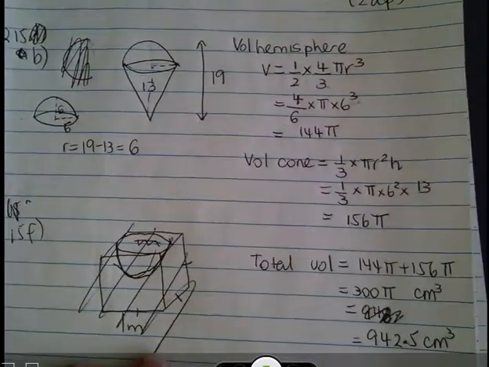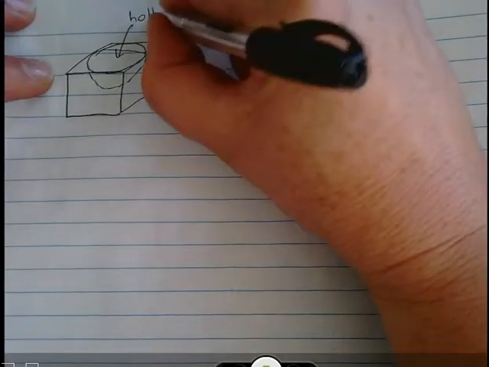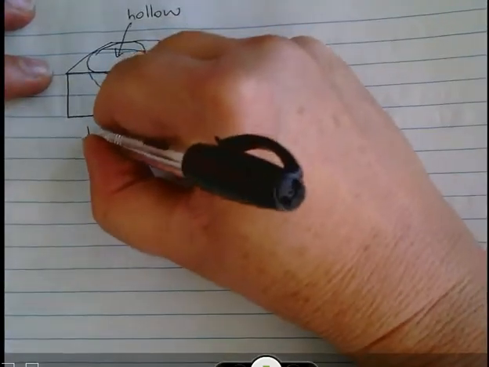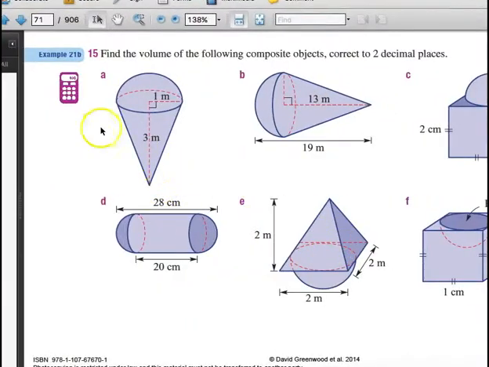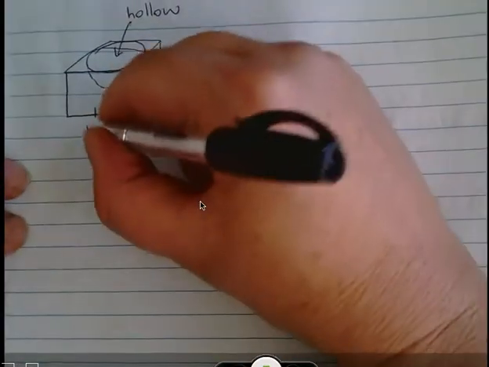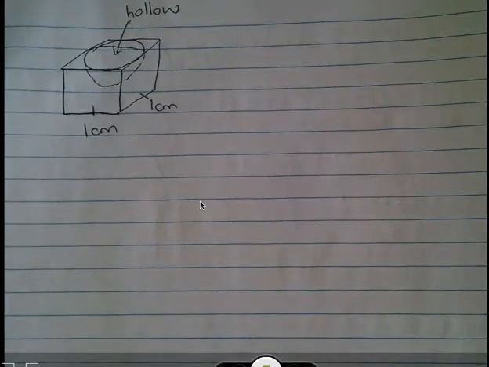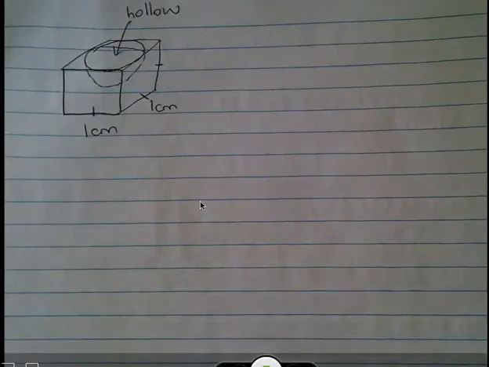So girls, these aren't that difficult. This is a, did it say 1 meter or what did it say? It's 1 centimeter, very small. So this is very small, 1 centimeter, 1 centimeter. And that's a hollow hemisphere cut out of what? A cube.